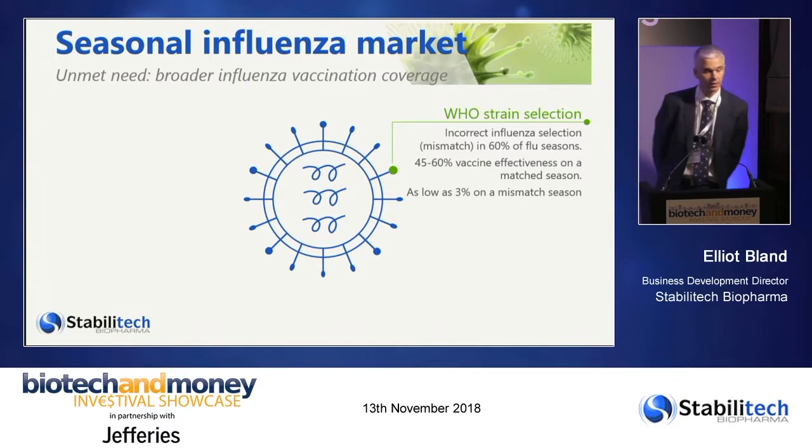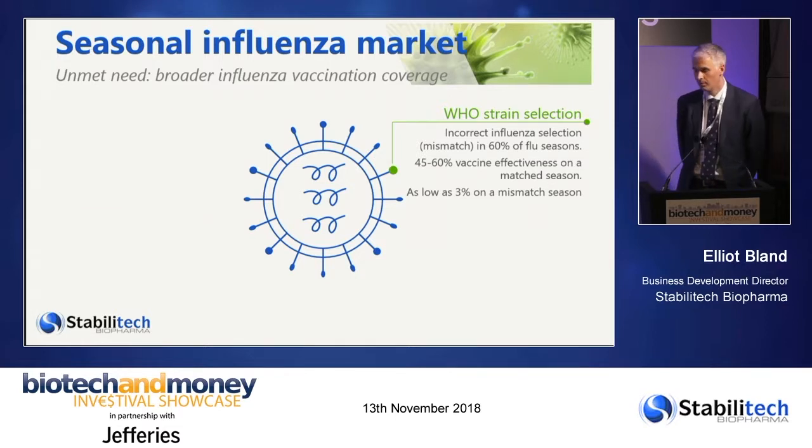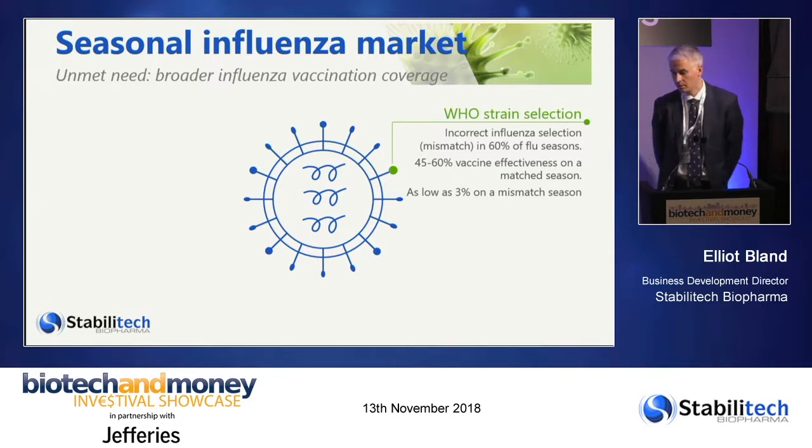Delving into the seasonal influenza market, flu strain selection is a continual problem. They get the flu strain selection wrong 60% of the time. That's primarily because they can only select one strain to represent, for example, H1N1, one strain to represent H3N2, and so on and so forth.